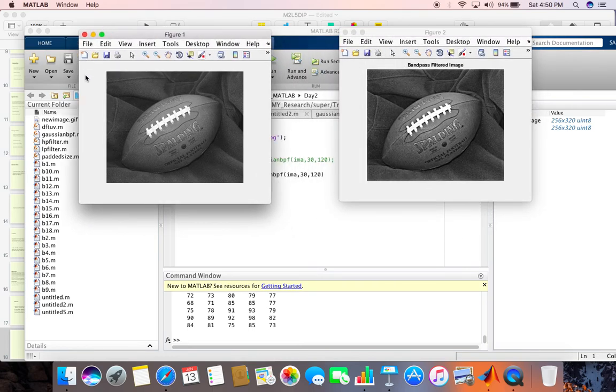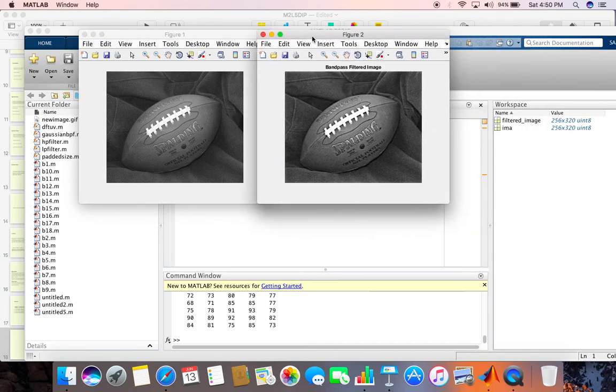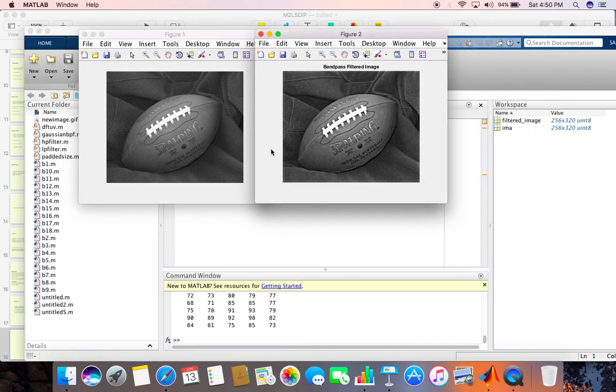This is the original image, and this is the bandpass filtered output image. See, in the bandpass filter output image the contrast is higher. At the same time, the picture is showing clearly, this information is showing clearly.